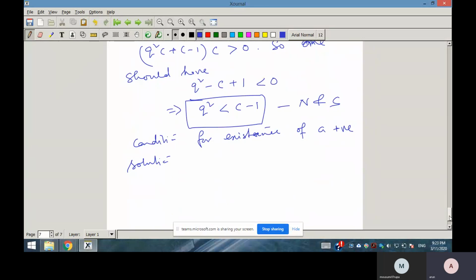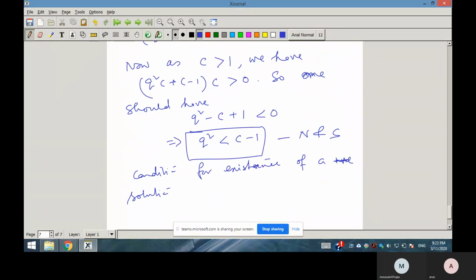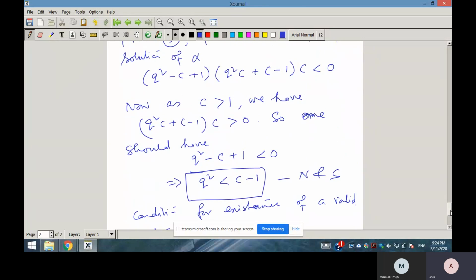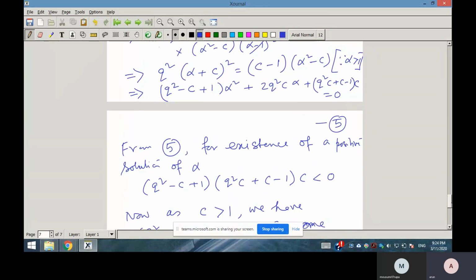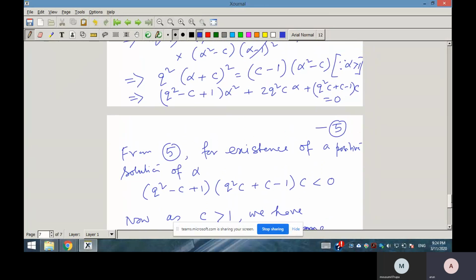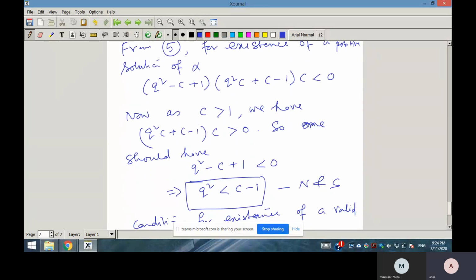Not only positive, I should say valid solution, because alpha is greater than 1. So alpha is greater than 1, so a valid solution will exist.